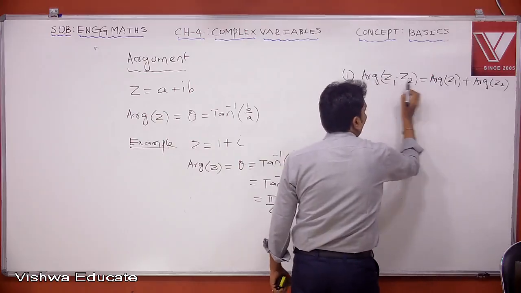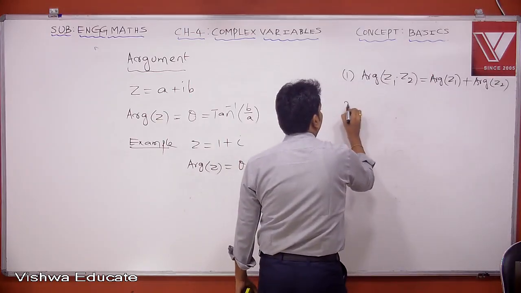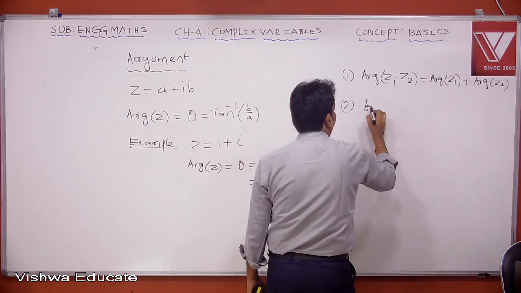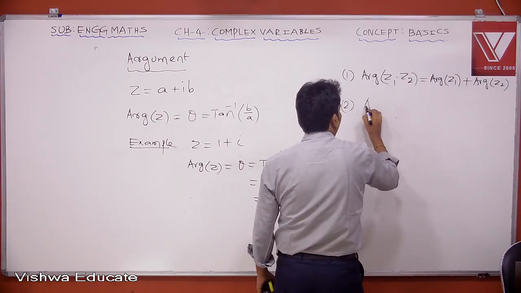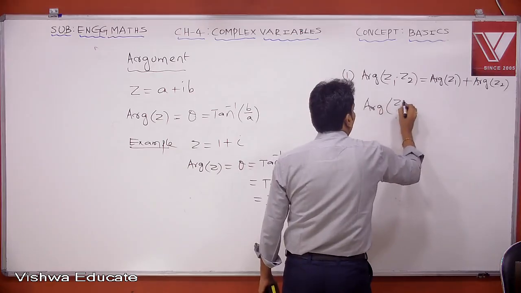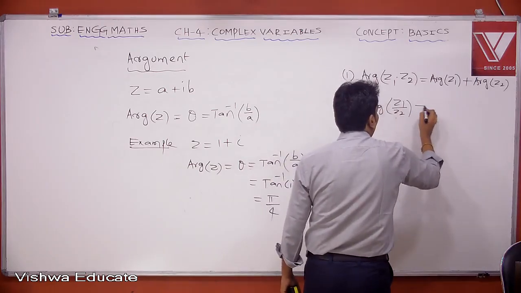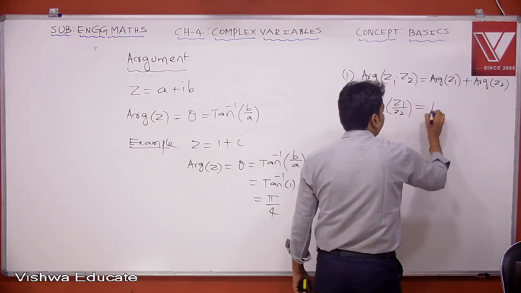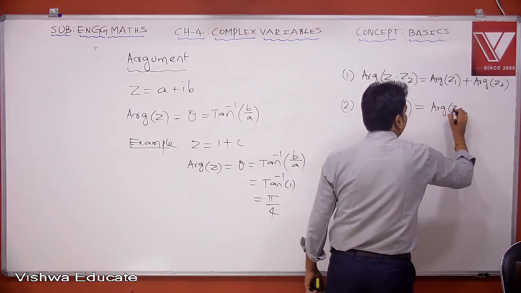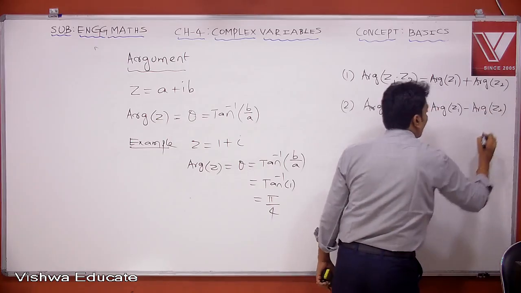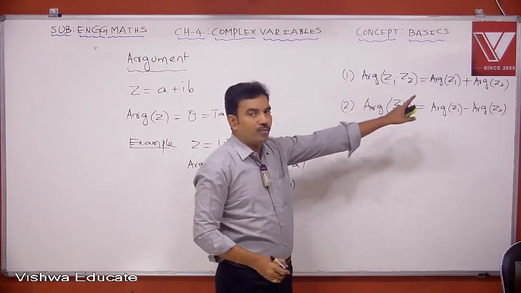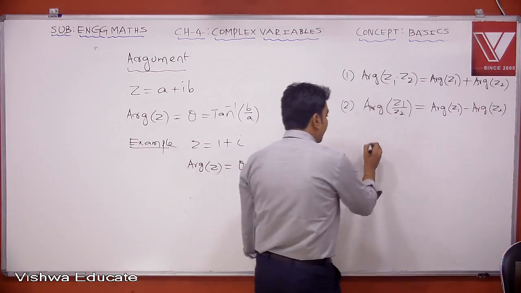That means this dot becomes addition. Similarly, the argument of the ratio z1 by z2: this division becomes subtraction. So argument of z1 by z2 equals argument of z1 minus argument of z2.